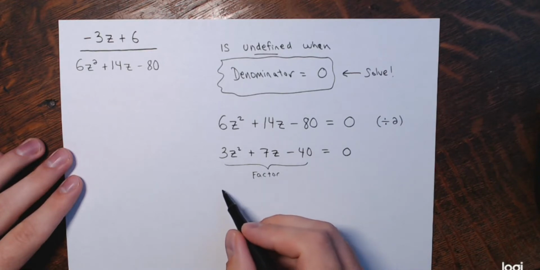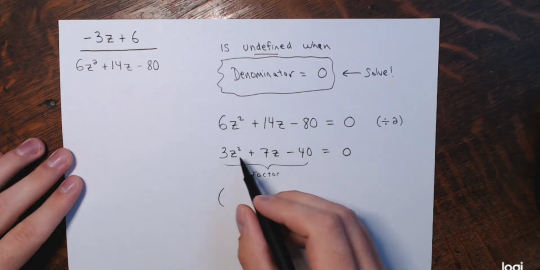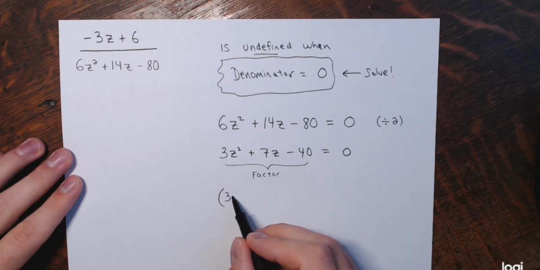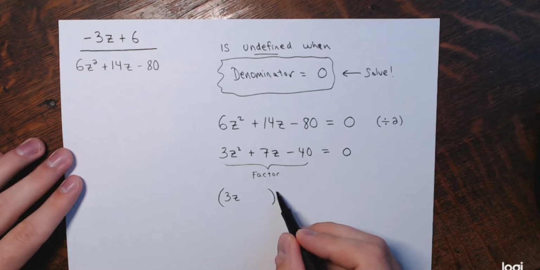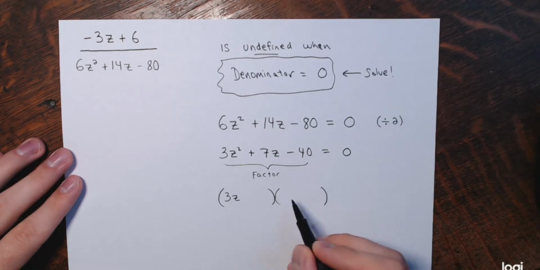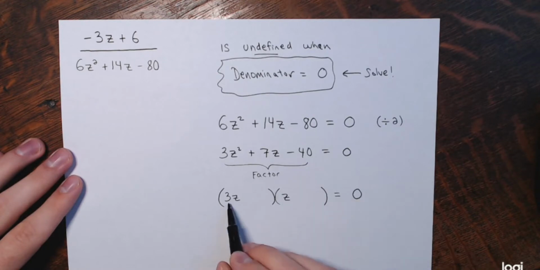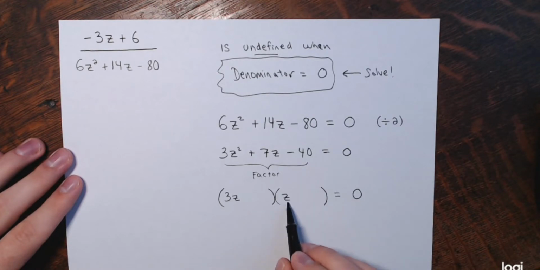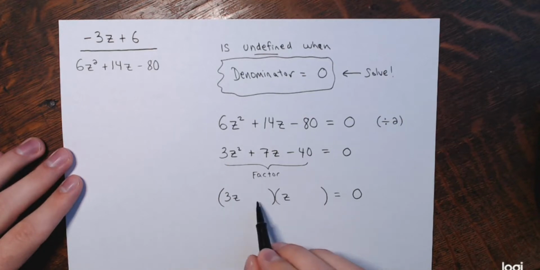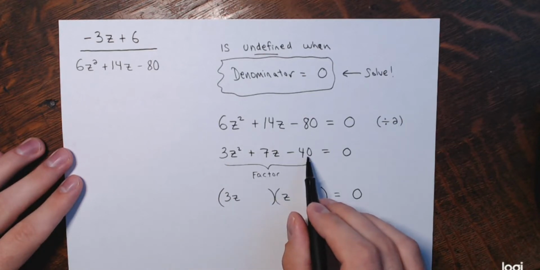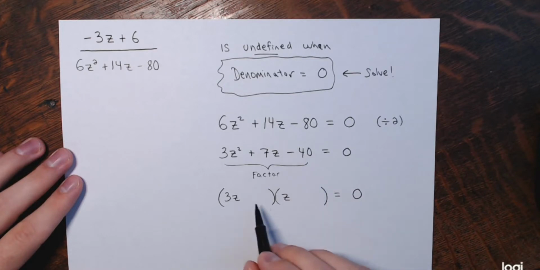Again, you can do the AC method, guessing and checking, trial and error. But I'll just write out how it's going to factor. I'd have to have 3z in one factor and z in the other to get 3z squared. Then the other two parts of these factors need to multiply to be negative 40 in such a way that when I distribute, I end up with positive 7.